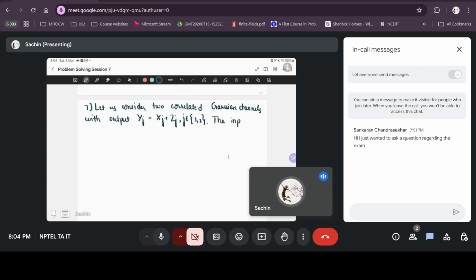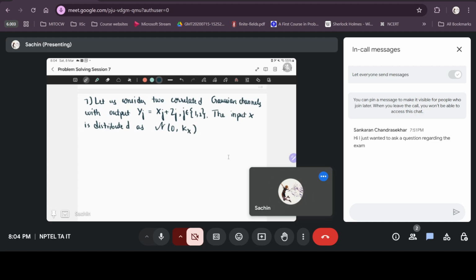The input X is distributed as normal distribution with mean 0 and covariance matrix Kx.